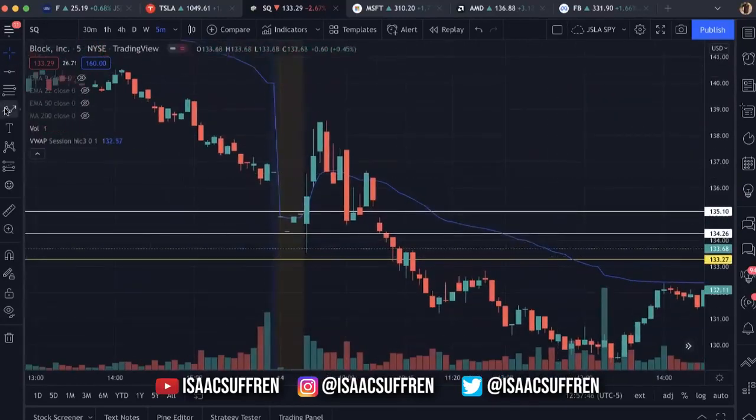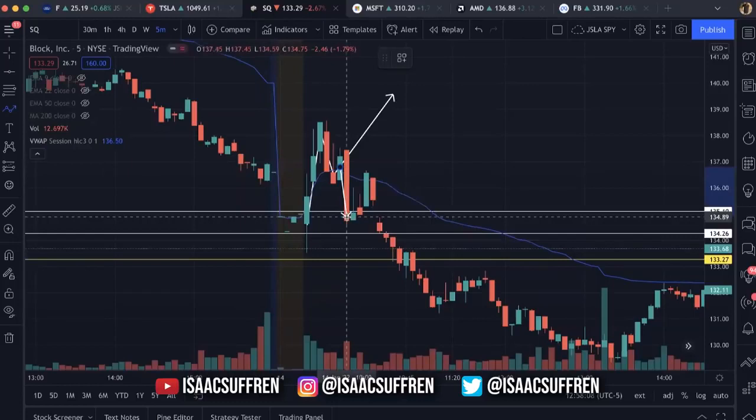Okay, so as you can see, we have an impulse move up. Let's see if we can get a retest and a bounce. We clearly don't get that bounce, but instead we get this play right here. As we already went over with SQ, you guys already know. But this is very interesting.